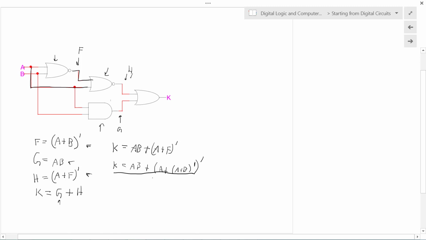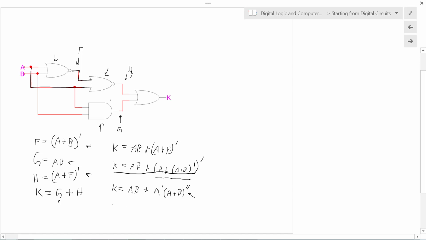So how do we optimize? We can use De Morgan's law to solve this larger term here. So K equals A and B, and we have A prime ANDed with (A or B) double prime.